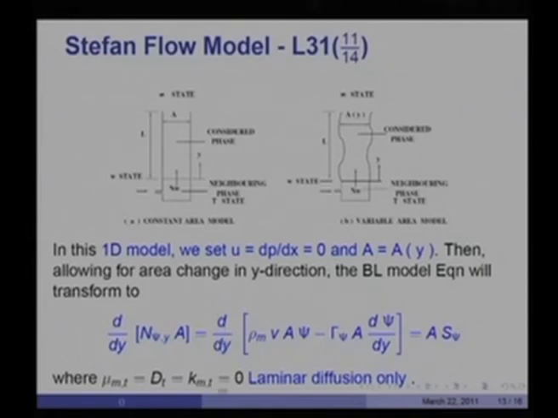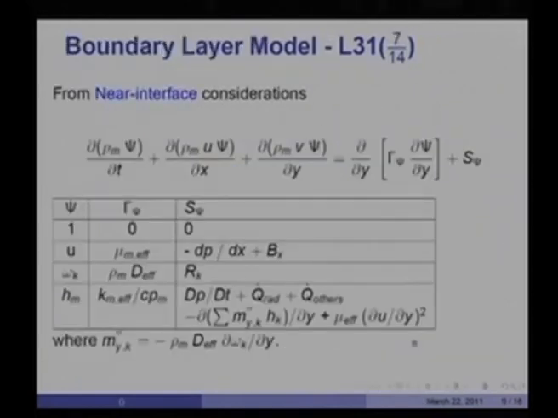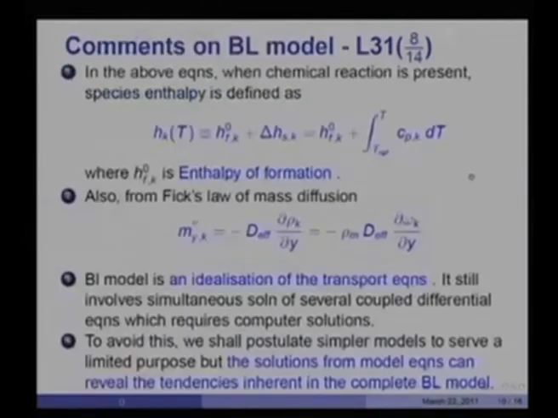It would be equal to d by dy of rho m v A psi minus the diffusion term would be equal to A times the source term, which of course, if psi is a conserved property, S psi would be 0, but otherwise it would take the meaning that is associated here with psi. At the moment I am using psi as a variable proper, then that would be 0.